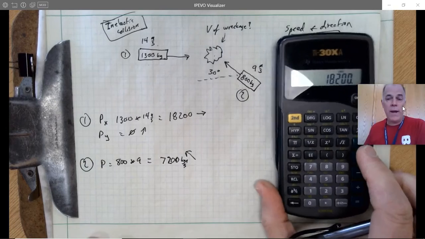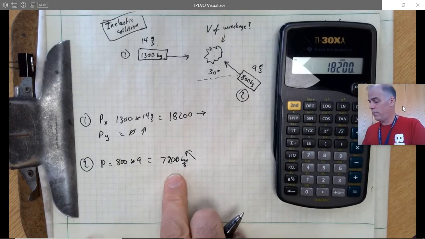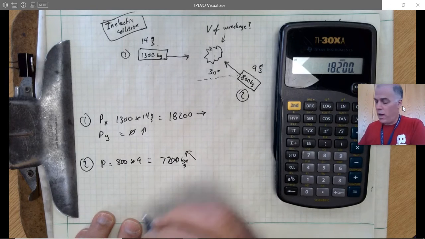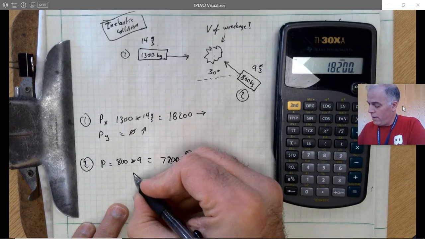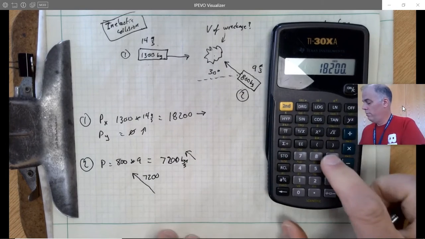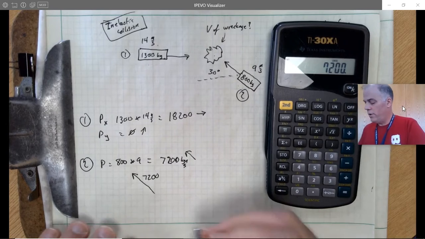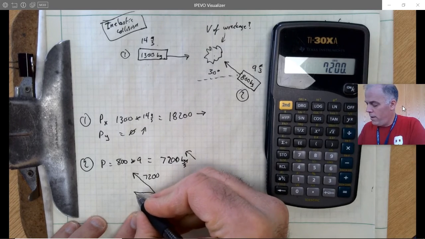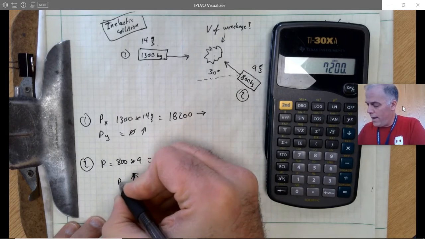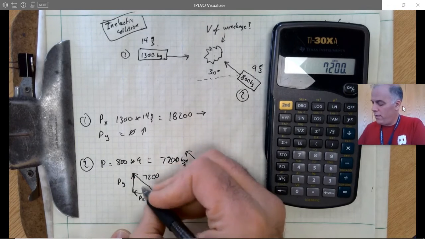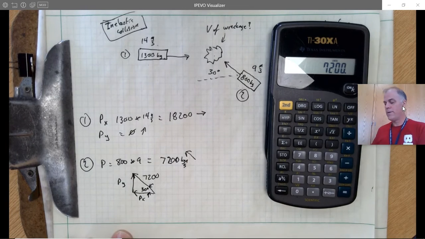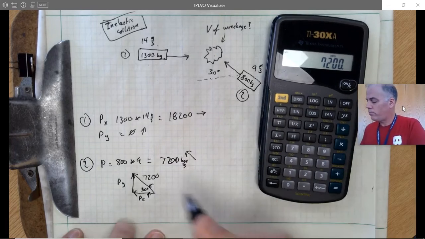So now we need to break this momentum into vertical and horizontal components. So we have a triangle. This side is 7,200. There is an x component and there is a y component, and this angle here is 30 degrees. Okay, we use SOHCAHTOA to do this.